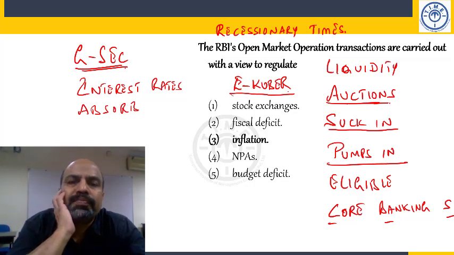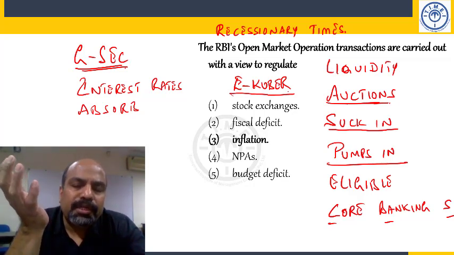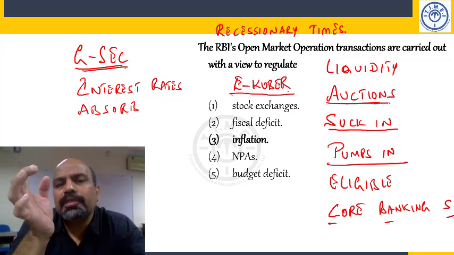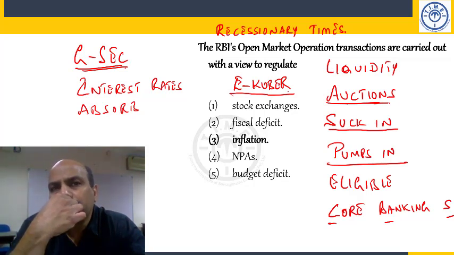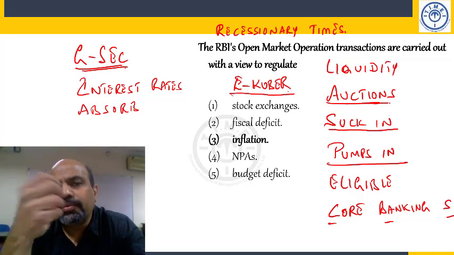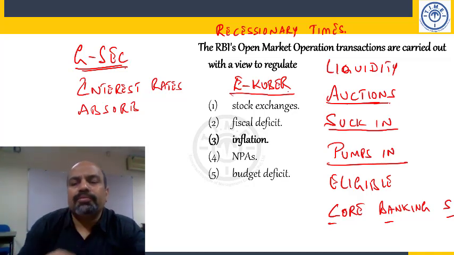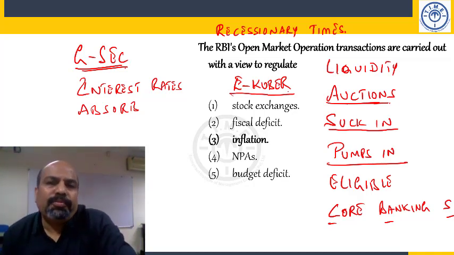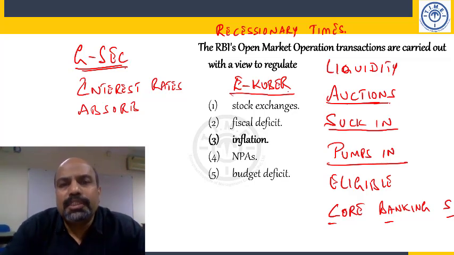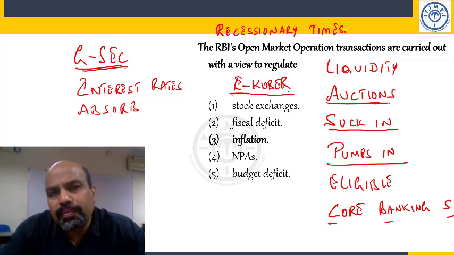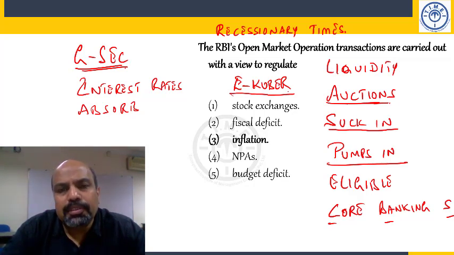Full stop. Second point. Inflation reduces the purchasing value of money. It reduces the purchasing value of money. Full stop.